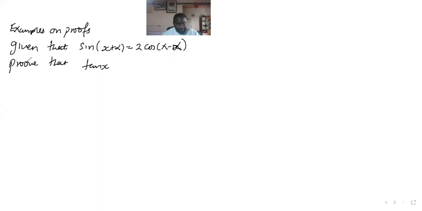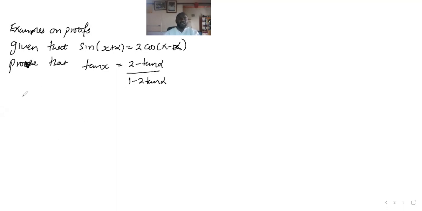Given that sine of x plus alpha is equal to 2 cos of x minus alpha, prove that tan of x is equal to 2 minus tan of alpha over 1 minus 2 tan alpha.